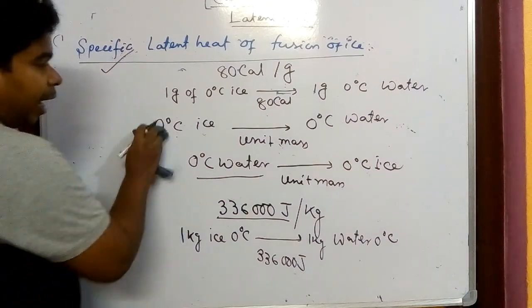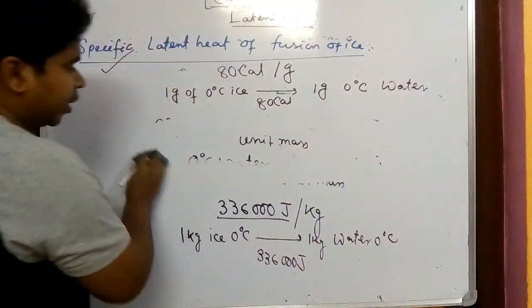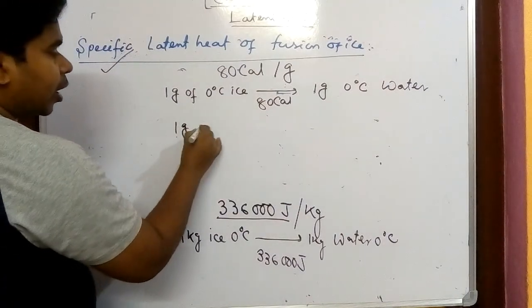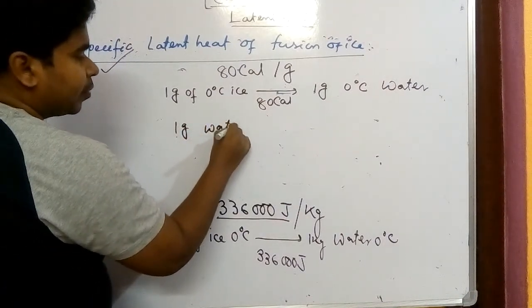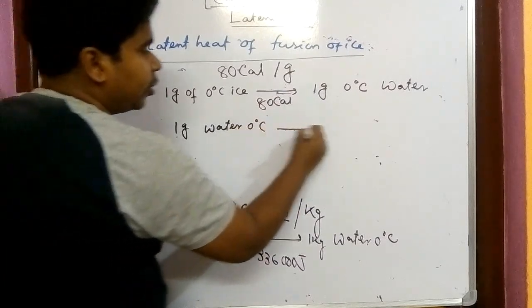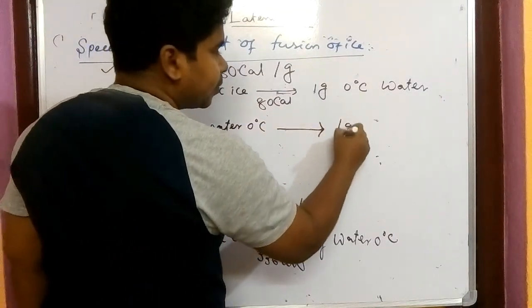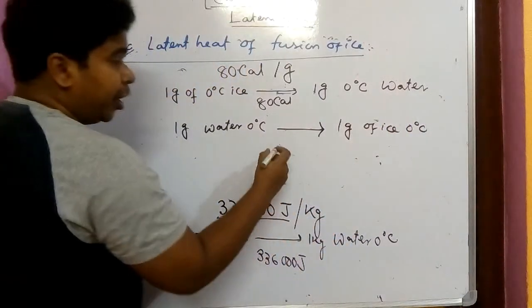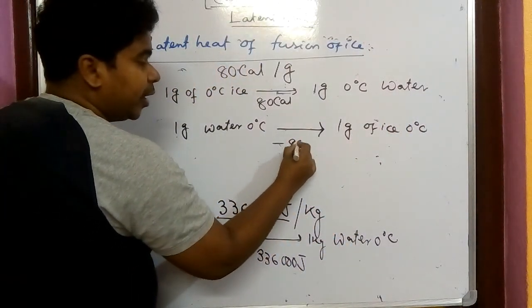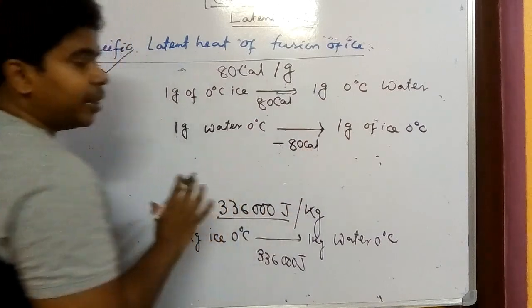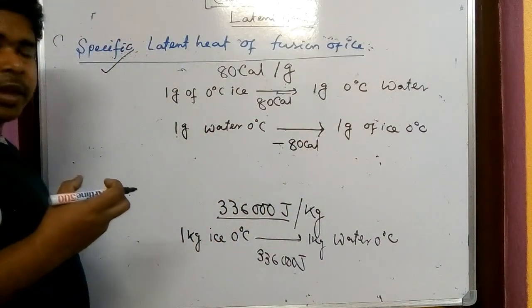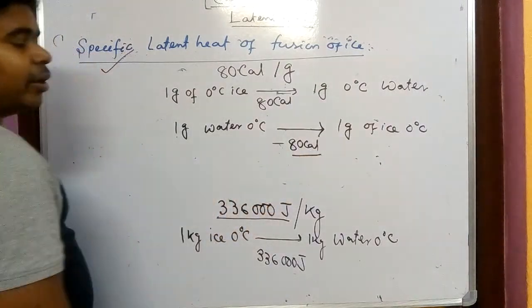In another way also you can represent it. If you convert 1 gram of water at 0 degree centigrade to 1 gram of ice at 0 degree centigrade, then you have to liberate extra 80 calorie of heat.